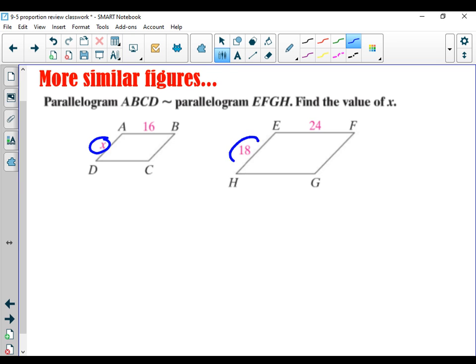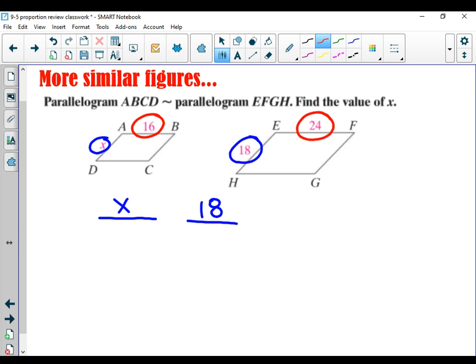18. Let's put those across from each other in our proportion. Are you ready? Almost towards the bottom. And then I have a 16 and a 24.